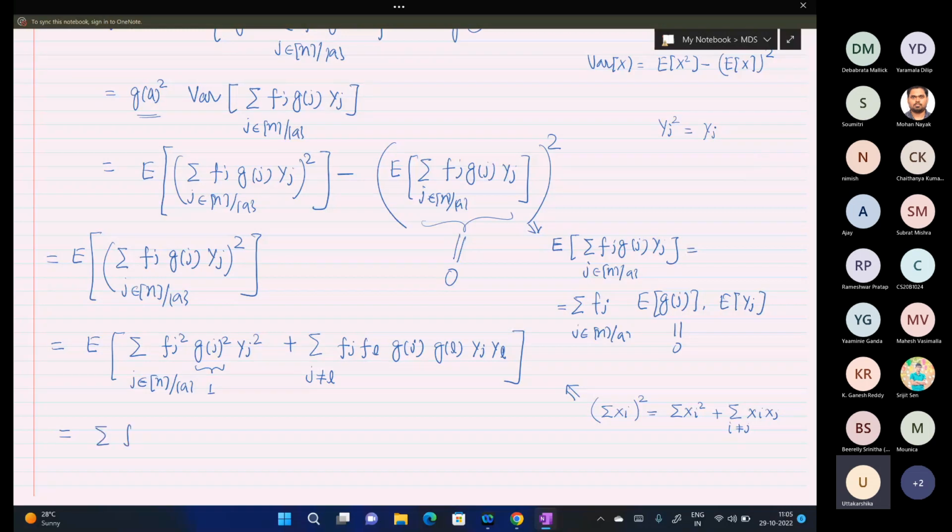So we'll take this fj square outside, sum over j in n minus a, of the expected value of yj, right? And this will be sigma j not equal to l fj fl expected value of gj gl. I'm just skipping one step over here.